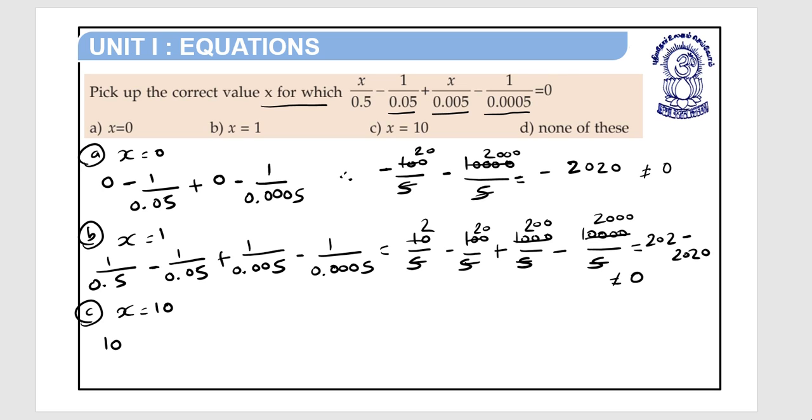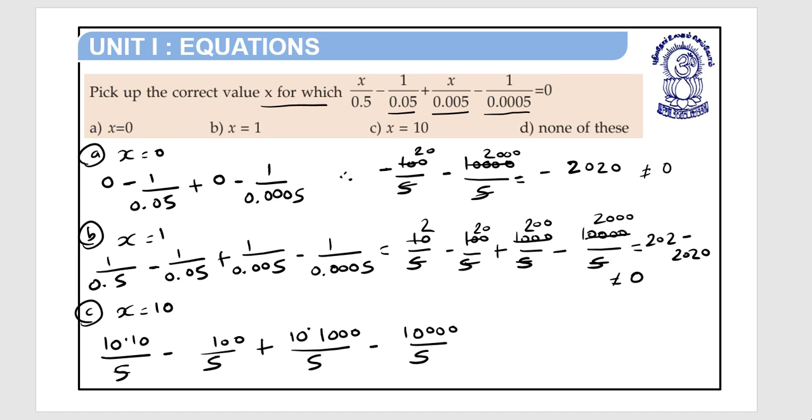So 10 into 10 by 5 minus 10 into 100 by 5 plus 10 into 1000 by 5 minus 10,000 by 5.